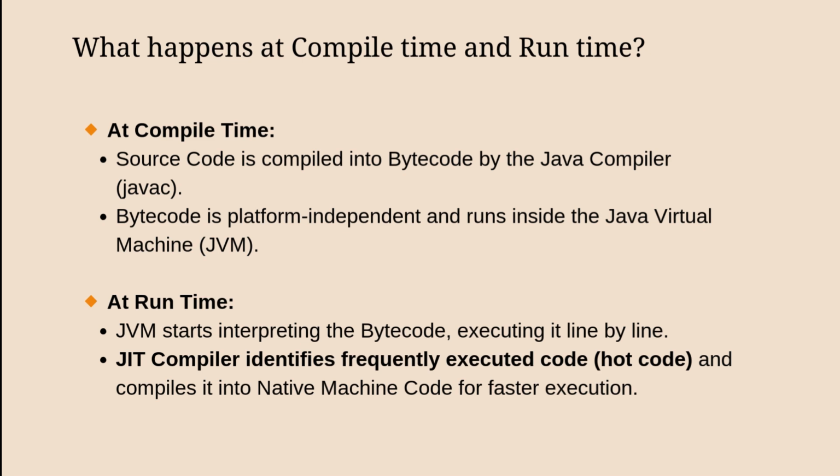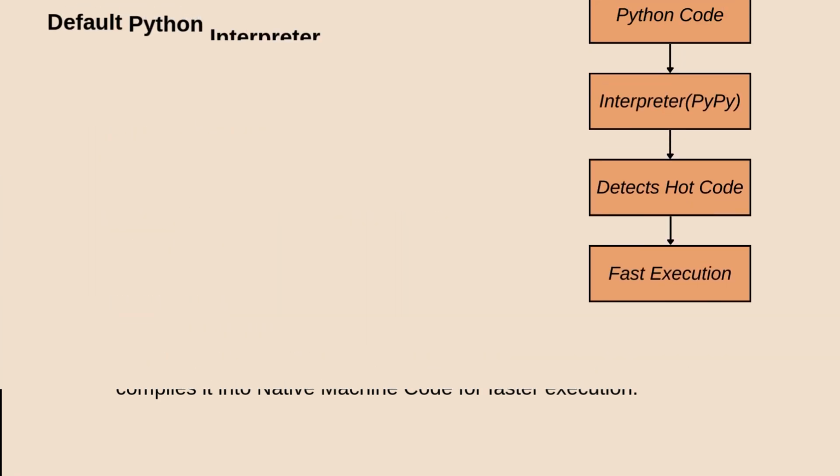Once such hot code is identified, the JIT compiler translates it into native machine code which can be executed directly by the CPU. And here's the smart part: the compiled machine code is cached, meaning it's stored so that the same code doesn't need to be recompiled every time it runs. This significantly boosts performance over time, especially in long-running applications.